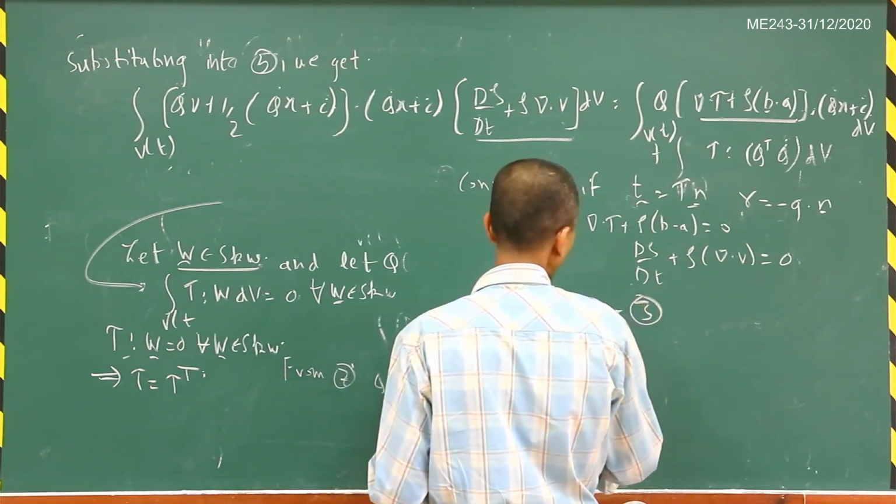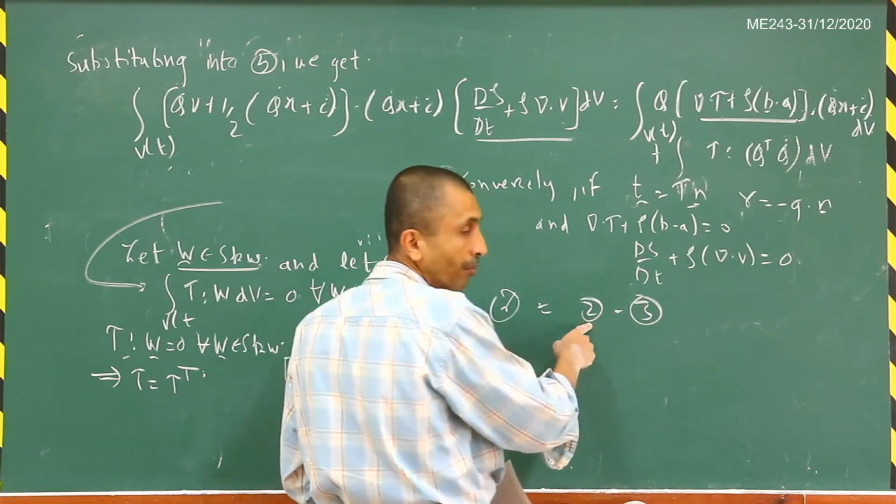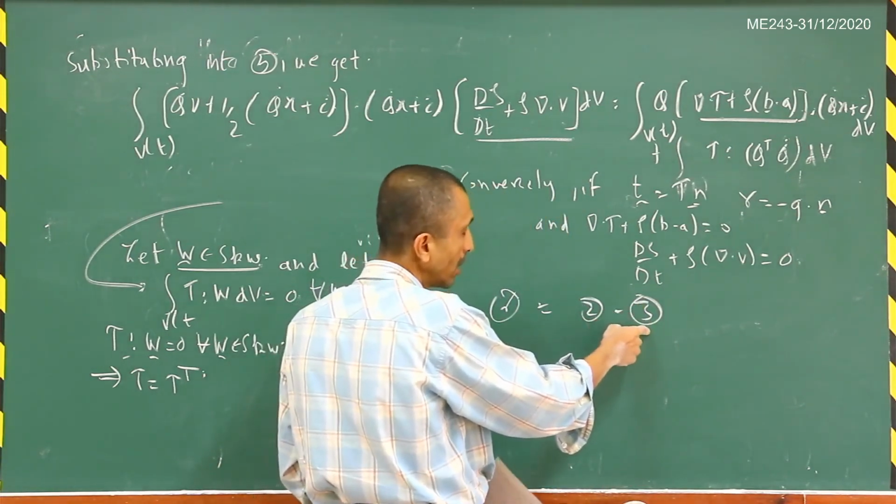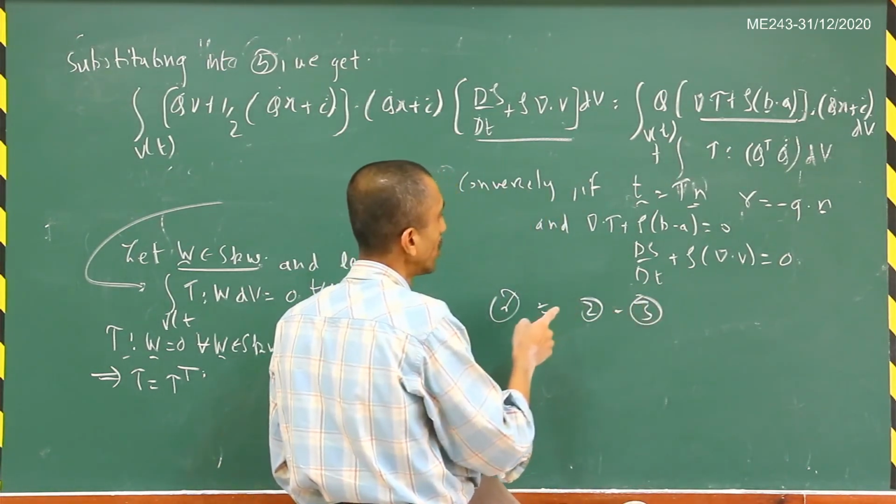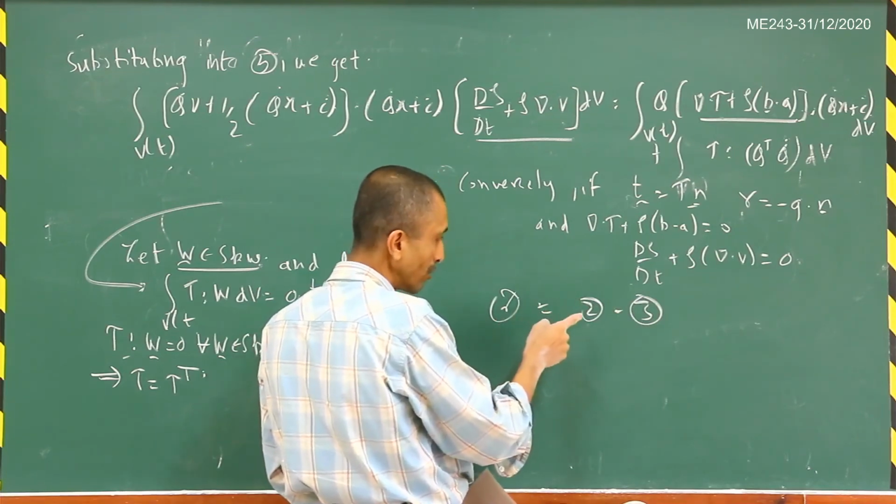So the 2 was the unstar form of the equation and 3 was the star form of the equation. So 6 represents the difference between 2 and 3.